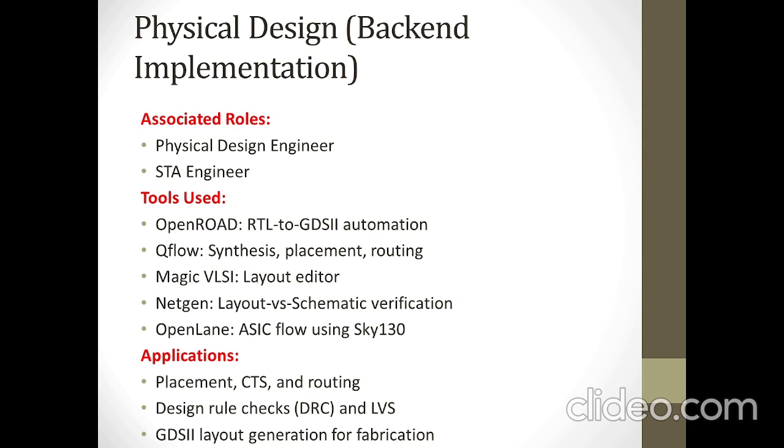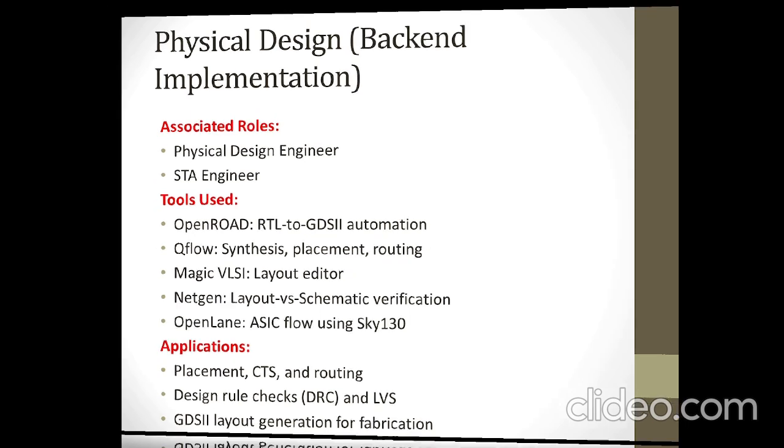Netgen can be used for layout versus schematic verification, and OpenLane is used for the ASIC flow using Sky130. The applications related to physical design are placement, CTS, and routing, design rule checks (DRC) and LVS, and GDSII layout generation for fabrication.